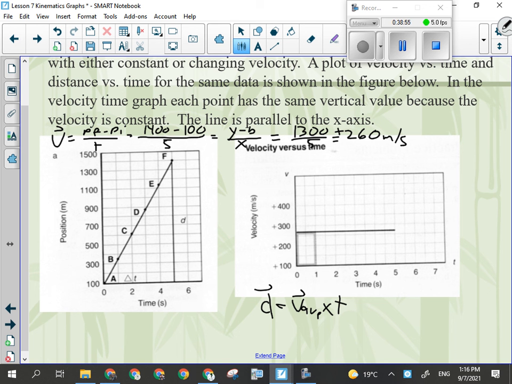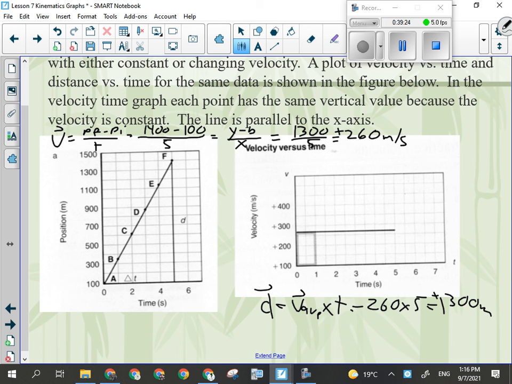So if I do that, take my average velocity, which is 260 because the line's flat, and I multiply it by time, which is 5 seconds, well, that comes out to 1,300 meters. Which makes sense because they did the opposite calculation on the other graph. Everybody all right with that?